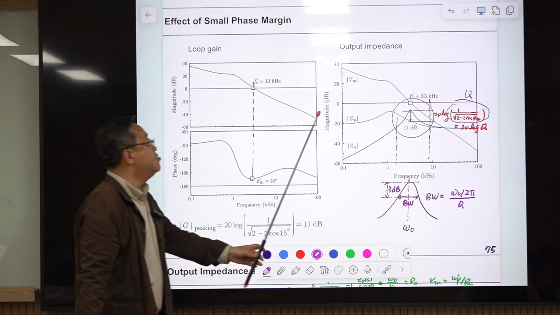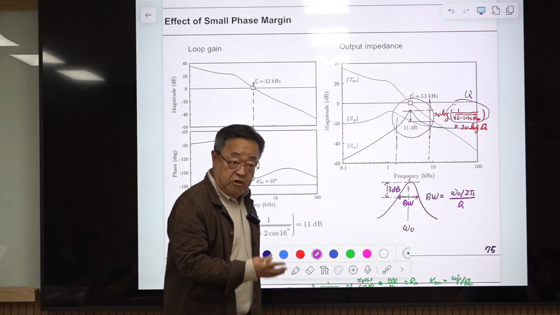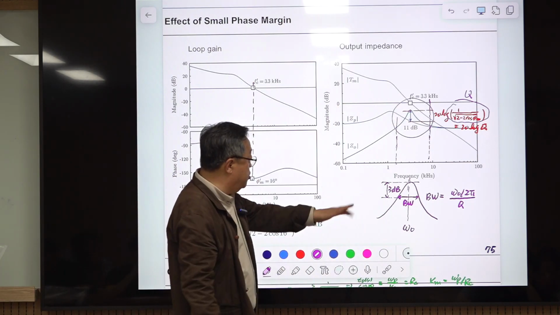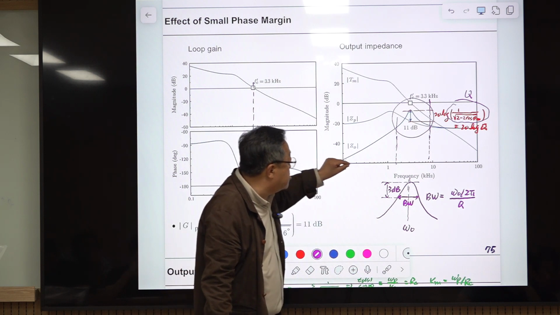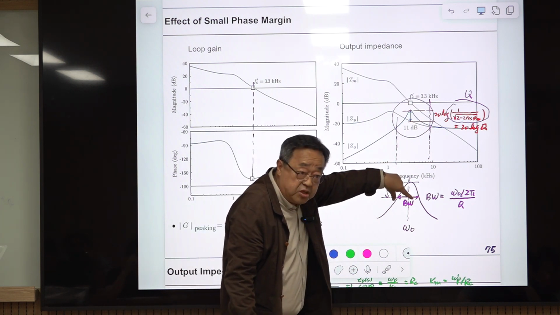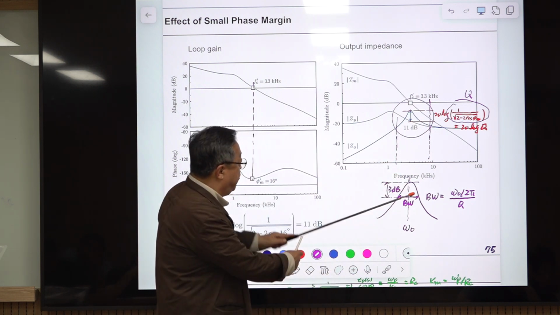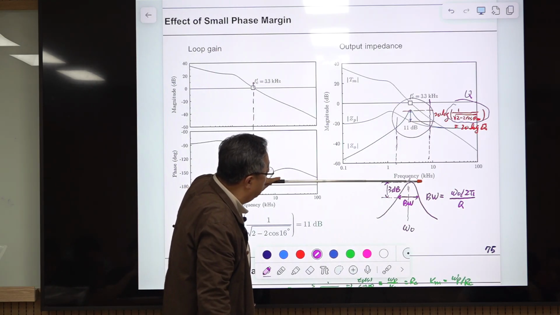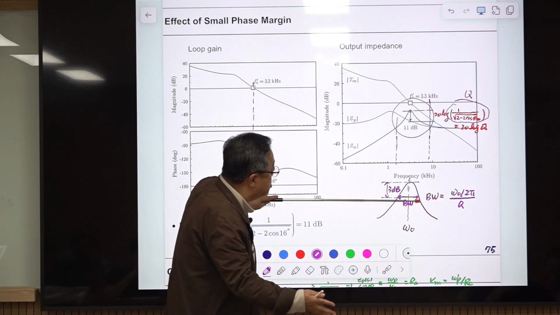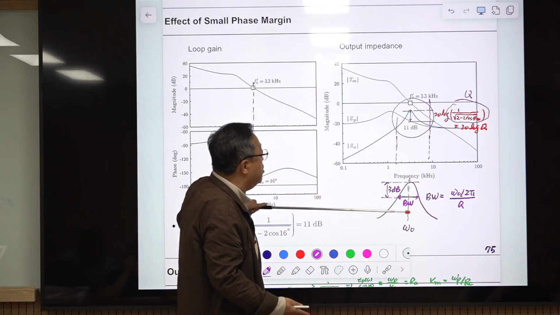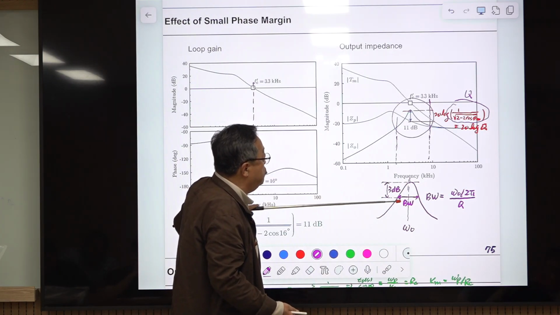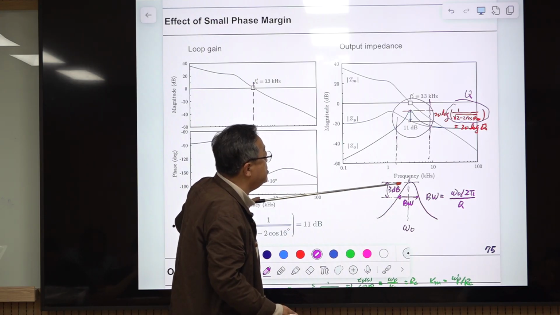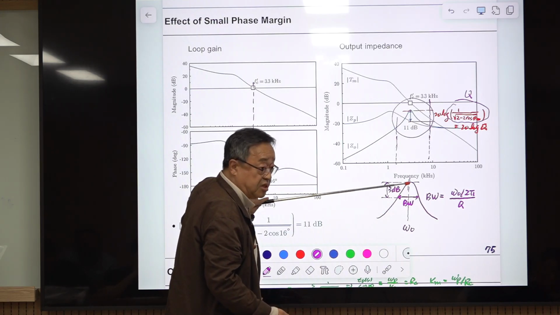So you know the peaking, but if you know the peaking, there is a relationship between this peaking and this bandwidth. Okay? Bandwidth is defined as the peak value of this, and bandwidth of this is the bandwidth of the frequency where the magnitude of this value decreases by 3 dB from this top value.